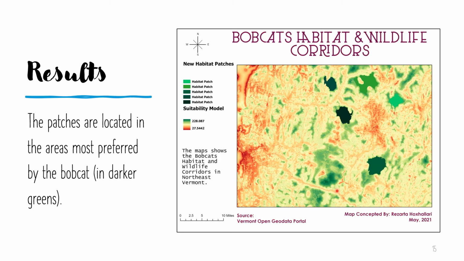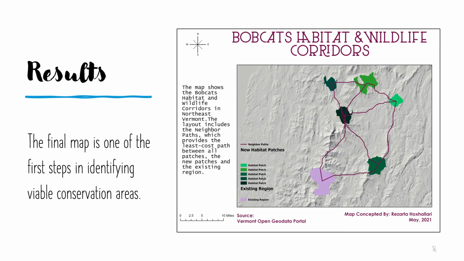The map shows the bobcat habitat and wildlife corridor in northeast Vermont. As you can see, the patches are located in the areas most preferred for the bobcat, so darker greens. To make sure the bobcat can move between the patches to maintain biological and genetic diversity, wildlife corridors need to be developed.